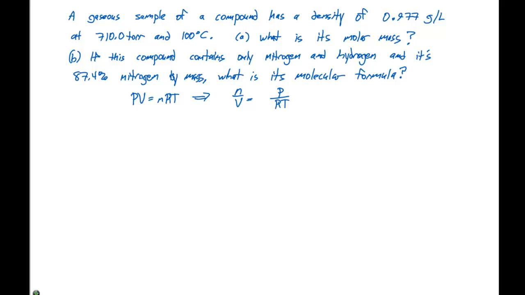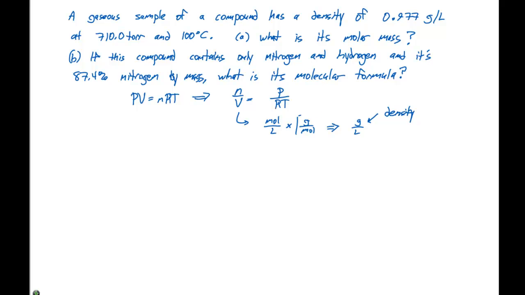Here n over V has units of moles per liter, but density is in grams per liter. Think about how you would convert moles per liter over to grams. We would have to multiply by grams per mole. The moles cancel out, and this gives us grams per liter, which is a density unit.